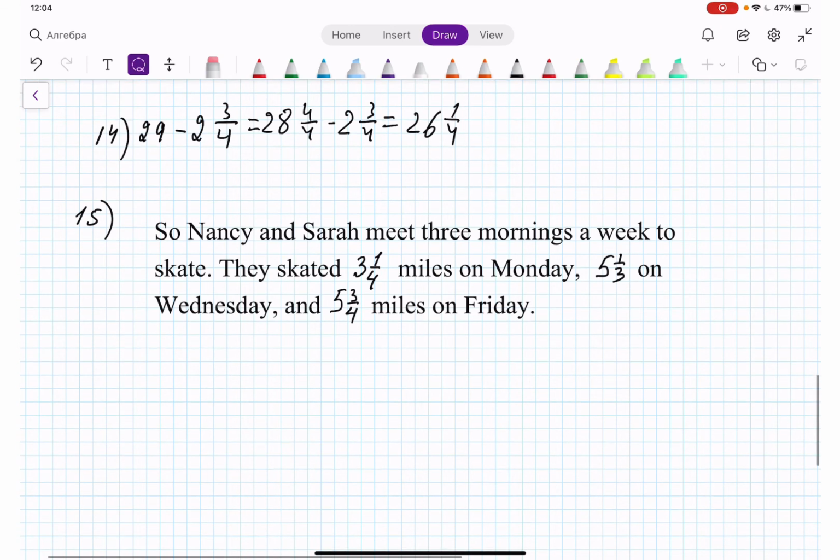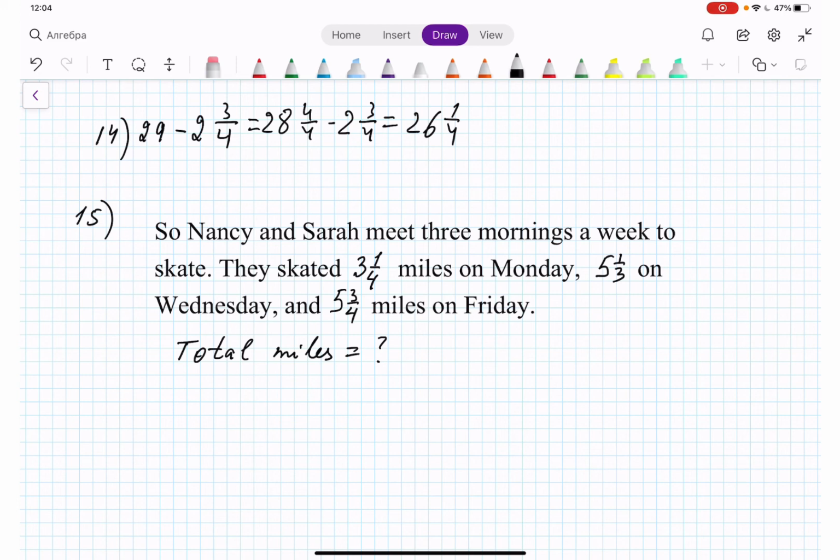They skated 3 1/4 miles on Monday, 5 and 1/3 on Wednesday, and 5 and 3/4 miles on Friday. So we need to find the total distance they skated. Total miles?